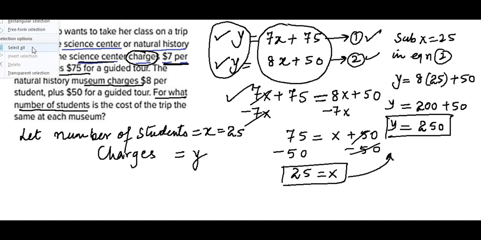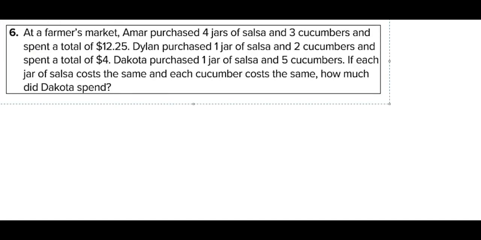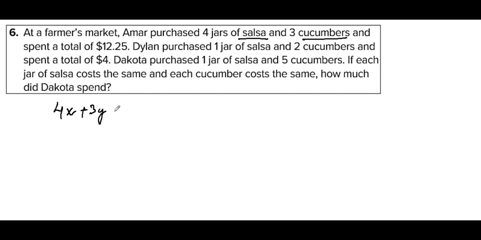Let me delete this. So look at question number 6. It's easy. If each jar of salsa costs the same and each cucumber costs the same, for the salsa you write x, and for the cucumbers you write y. So what will be your first equation? 4x plus 3y is equal to 12.25.